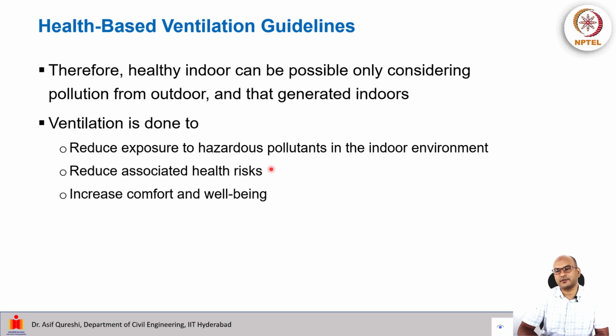When we have fewer hazardous pollutants in the indoor air, our health risk is also likely to decrease. And when the health risk is decreased, we have an increase in the overall comfort and well-being of the inhabitants. So now our ventilation goal is to reduce the final hazardous pollutant exposure indoors, regardless of where the pollution is coming from, and this is expected to lead to health benefits and overall comfort.